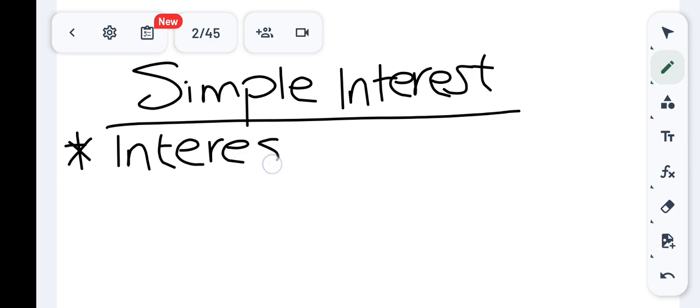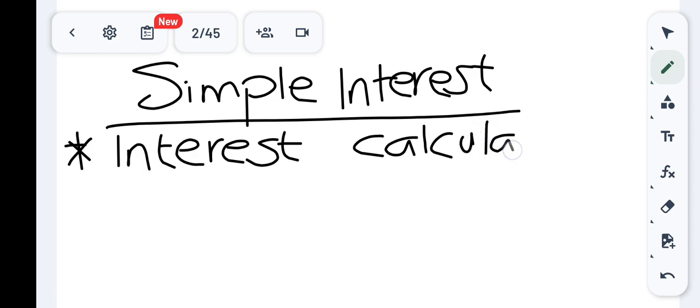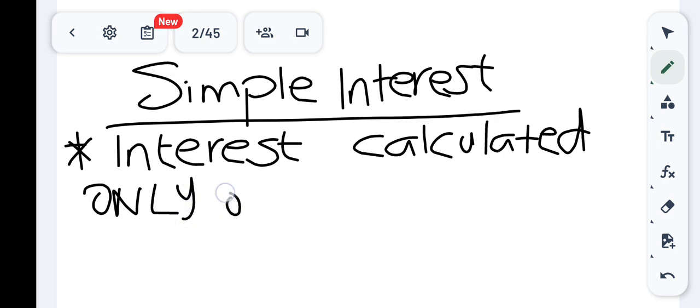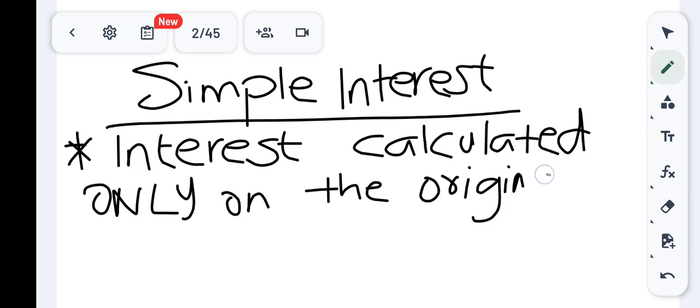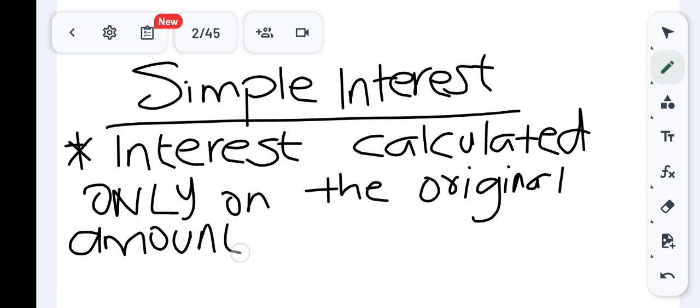Only on the original amount. This is simple interest.